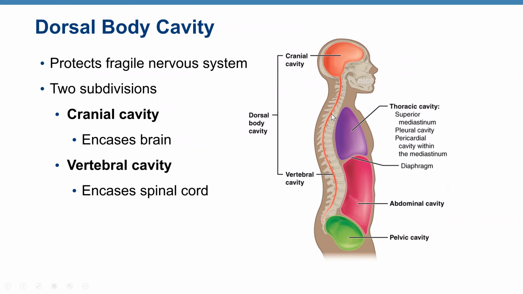Here on this picture, you can see the dorsal body cavity shown in pink color that includes the cranial cavity, which encases the brain, and the vertebral cavity, which encases the spinal cord. So those are the two dorsal body cavities, cranial and vertebral, for brain and spinal cord.